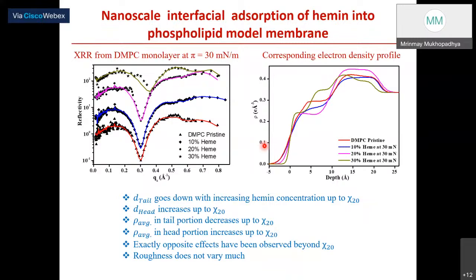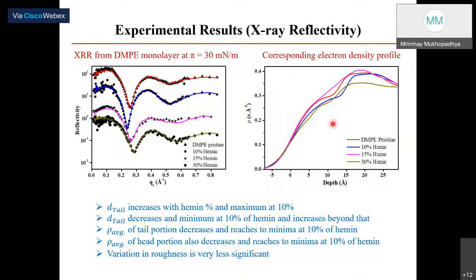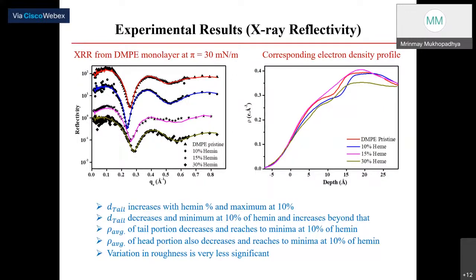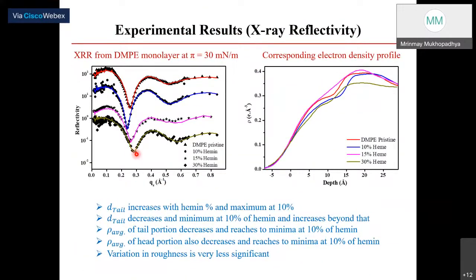So here we have changed the concentration of this heme molecule for the PC and PE membrane. I am not going into details. These are analyzed electron density profiles, and you can see that this dip is changing as a function of concentration.